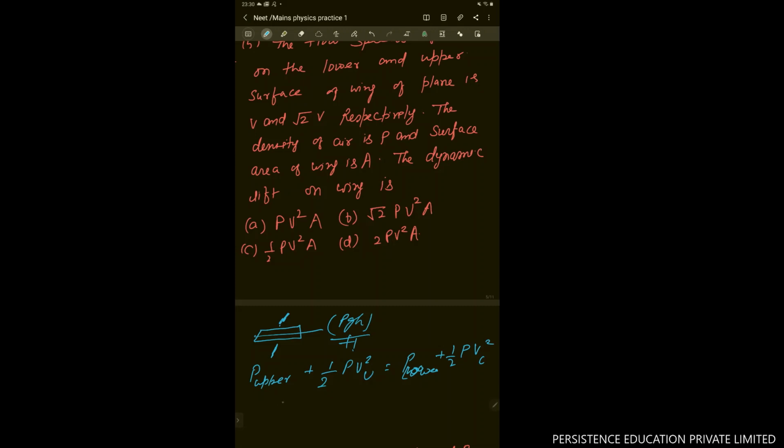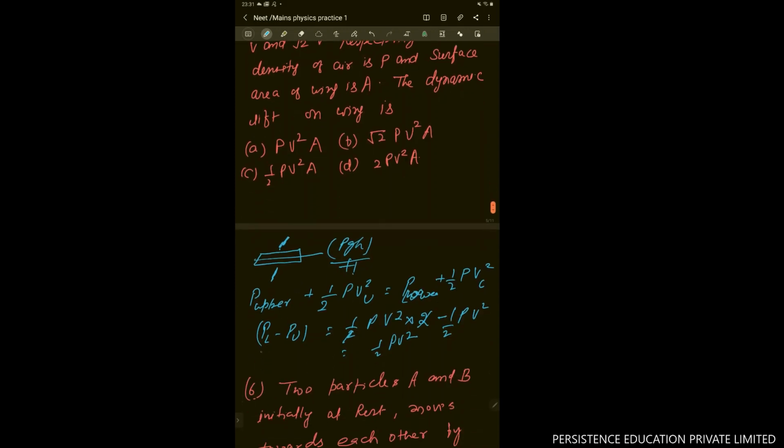So P lower minus P upper will be half rho v upper squared minus half rho v lower squared. The upper surface of the plane has velocity root 2 v, so if you do the square, it comes as rho v squared minus half rho v squared, which is half rho v squared.